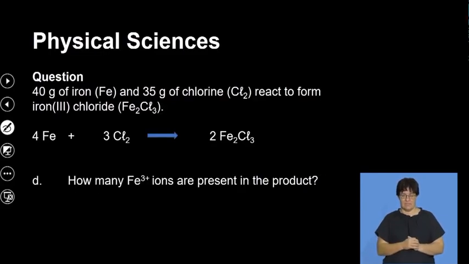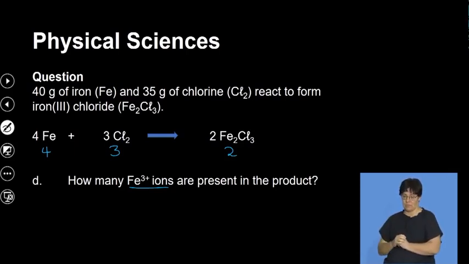Now, the last follow-up question says, how many iron(III) ions are present in the product? In terms of moles, we know that 4 moles of iron form 2 moles of the iron(III) chloride, and 3 moles of chlorine form 2.